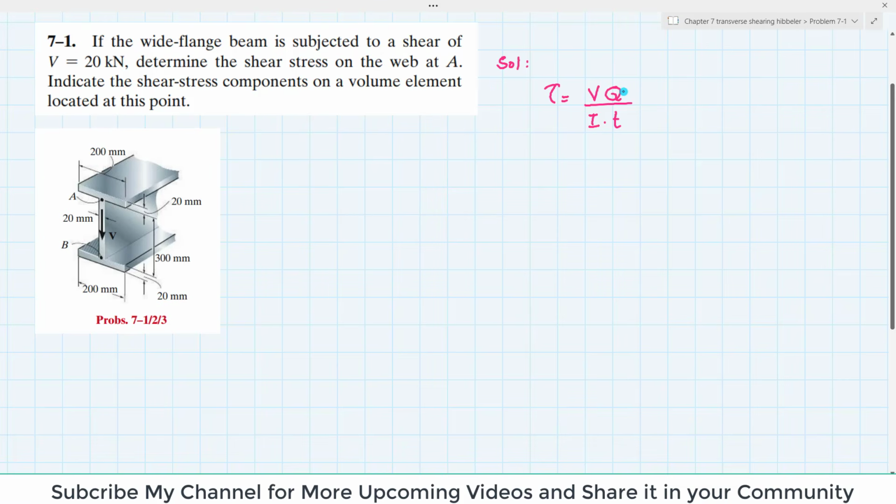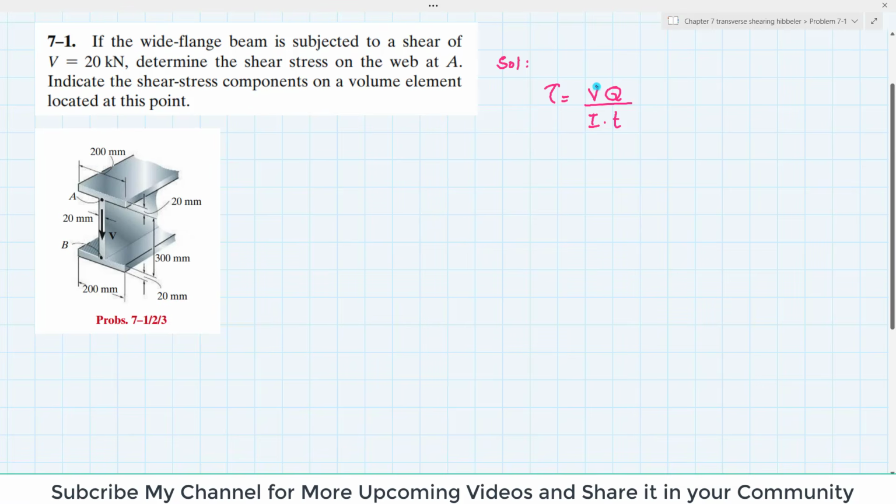This Q is the first moment of area, and you will see how we will calculate it. I is the moment of inertia of the entire cross section of this beam, clear, and T is the width of the section. So we will use this formula in order to calculate this shearing stress.